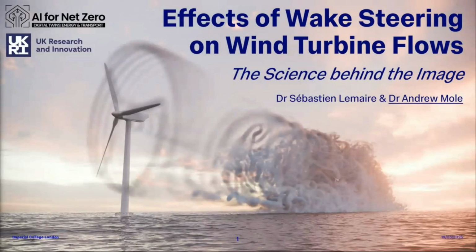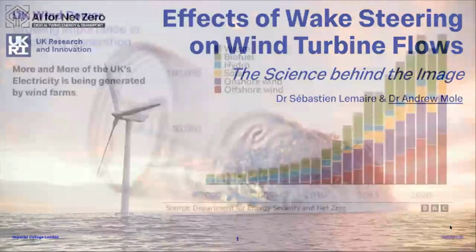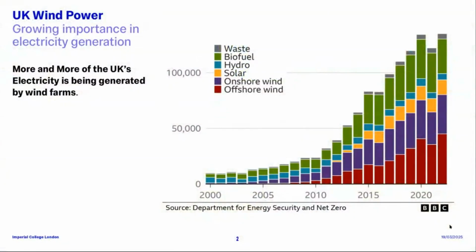First of all, the reason that we're looking at this problem is wind power has been growing in importance in the UK for generating electricity. And so more and more of the UK's electricity is being generated by wind power.